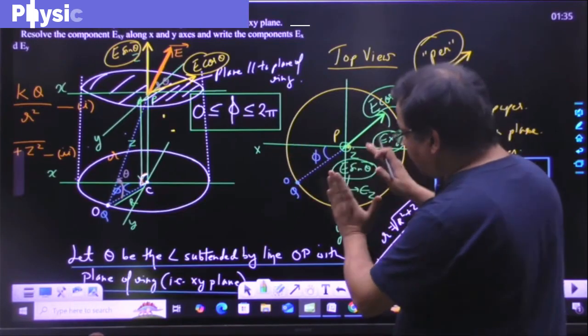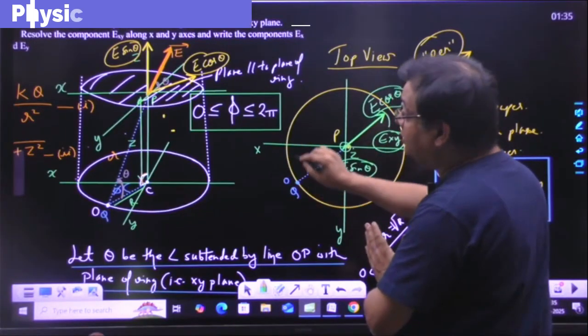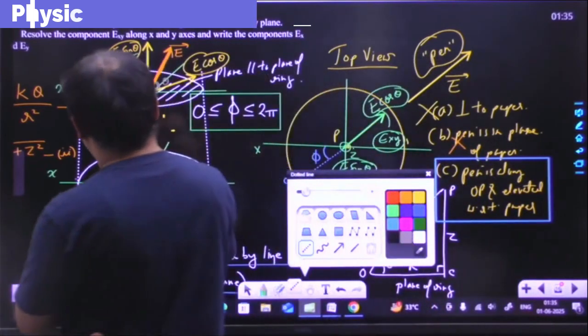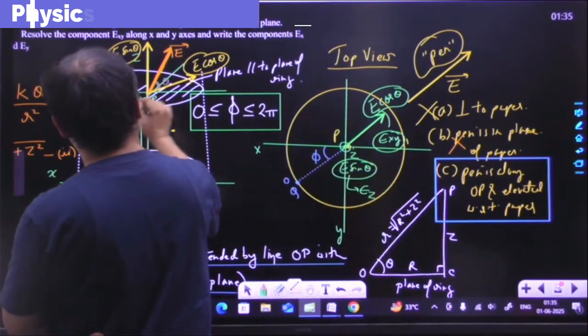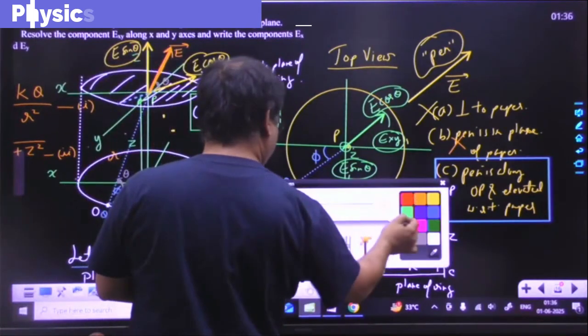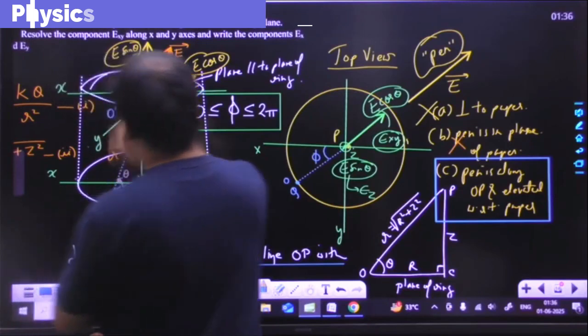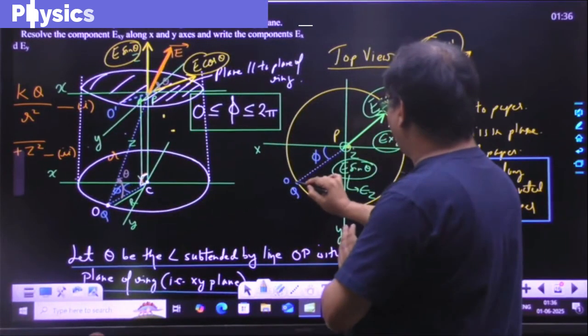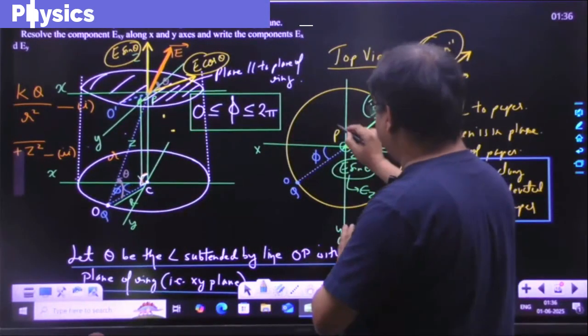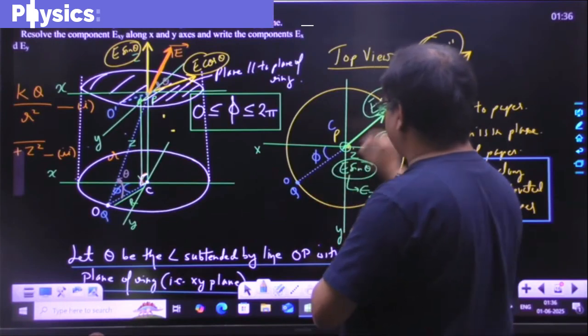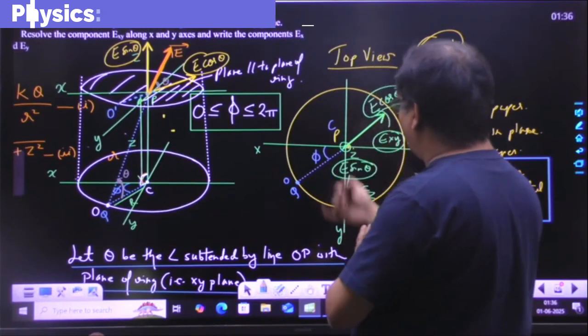If you see from above, O is a point, and below I can write O dash. O dash is a point just above O, the corresponding point of O in the above plane. So O and P, and C will be a point below P. This component E cos theta will be along this line, and E sin theta is coming outward.